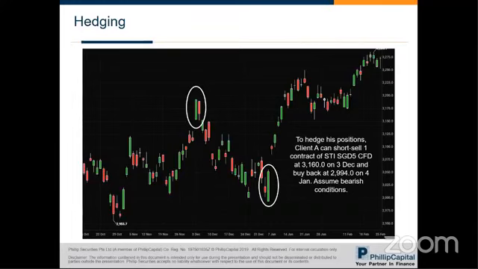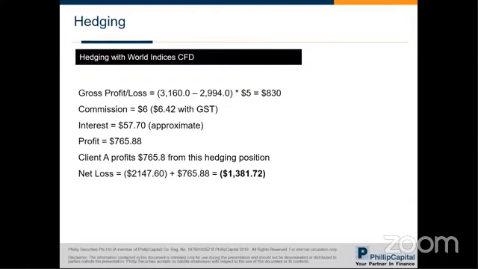This client short sells SDI contracts at $5 at 3160 on 3rd December and buys back at 2994 on 4th January, assuming this is a bearish condition. So the gross profit from your world index is 3160 minus 2994 times $5 times one contract, and the profit from this trade is 830. With your commission and everything, your net profit is 765.88.